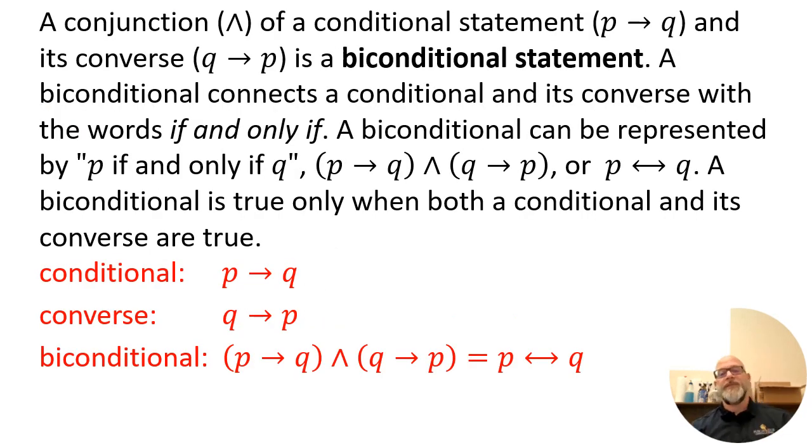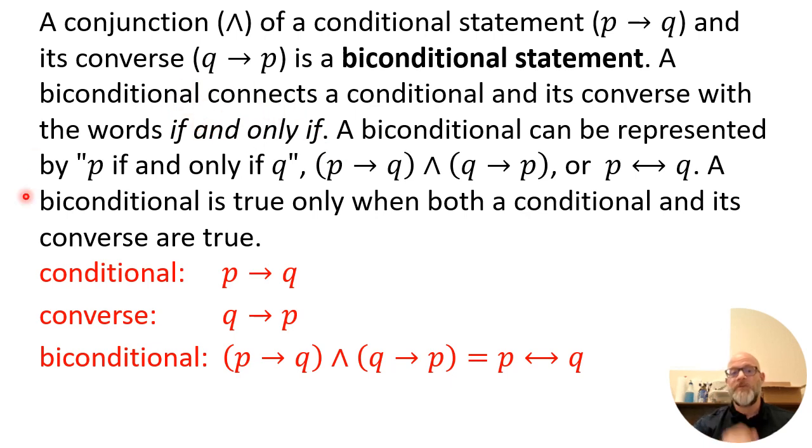Last idea here. A conjunction, an and statement, remember this is the symbol for and because it looks like an A. A conjunction of a conditional statement, if P then Q, and its converse, if Q then P, is called a biconditional statement. A biconditional connects a conditional and its converse with the words if and only if.